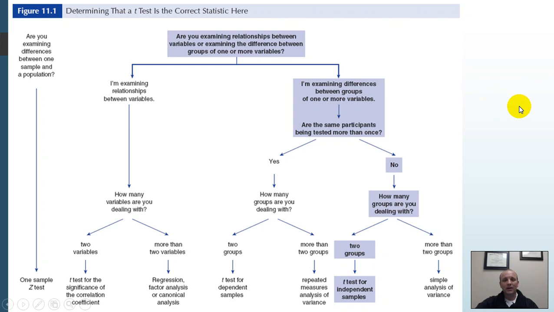This is from your textbook, but there are charts all over the internet, and if you have a data set and ideas about how you want to test something, this is a good flow chart to follow.